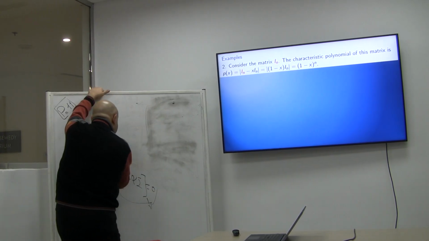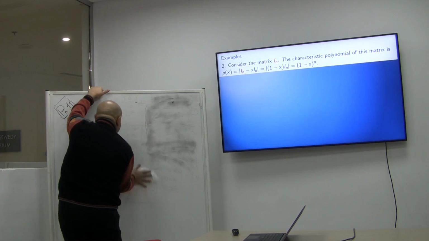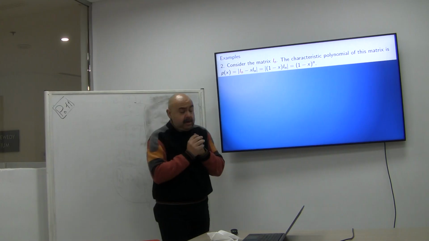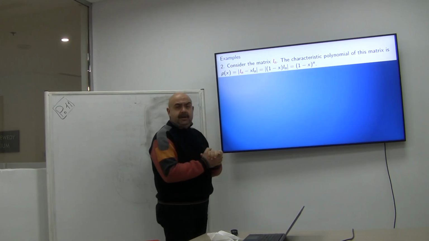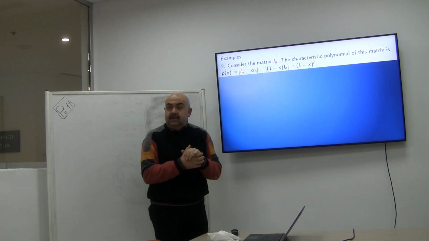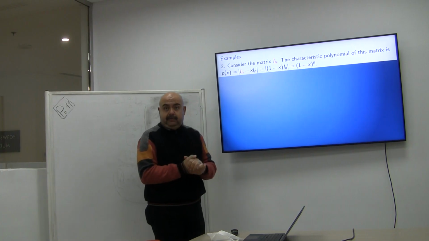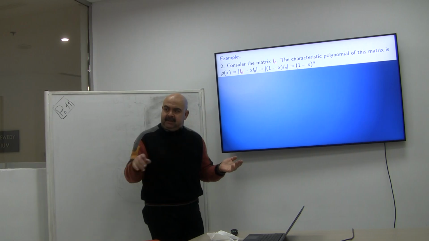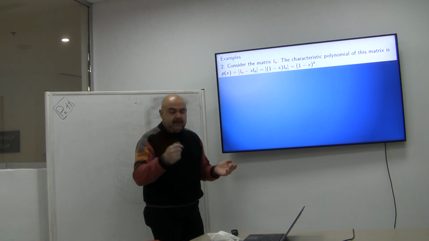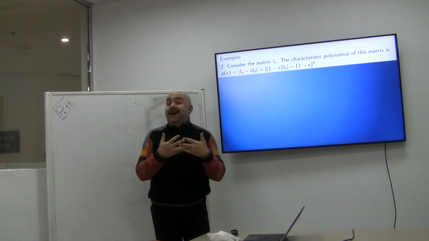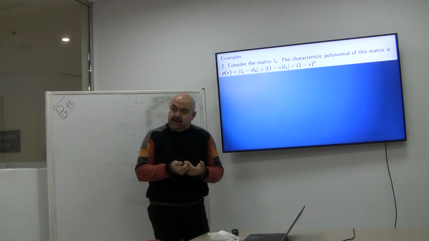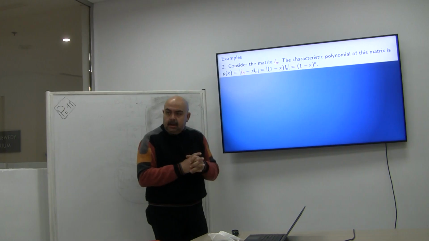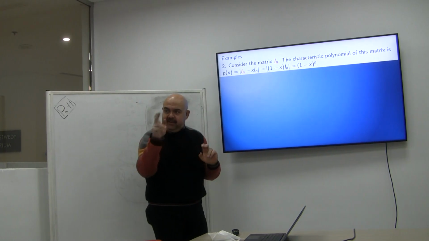Here's a remark about this specific situation. He's telling you that if we consider the matrix In, so I'm dealing with the unit matrix, of course all of you remember the unit matrix, which is a diagonal matrix with the principal diagonal equal to positive 1. So if I try to find the eigenvalues corresponding to a unit matrix, it's going to be (1 minus alpha) to the power of n.